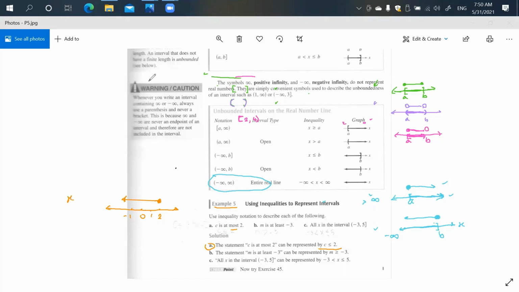C, right? Sorry, it should be C. So this one is C less than or equal to 2. This is the inequality sign, and this is drawn on the number line, okay? Or this one, you can write what? In the previous one, like a notation, you write it down as C, right? You can write C like this, closed.